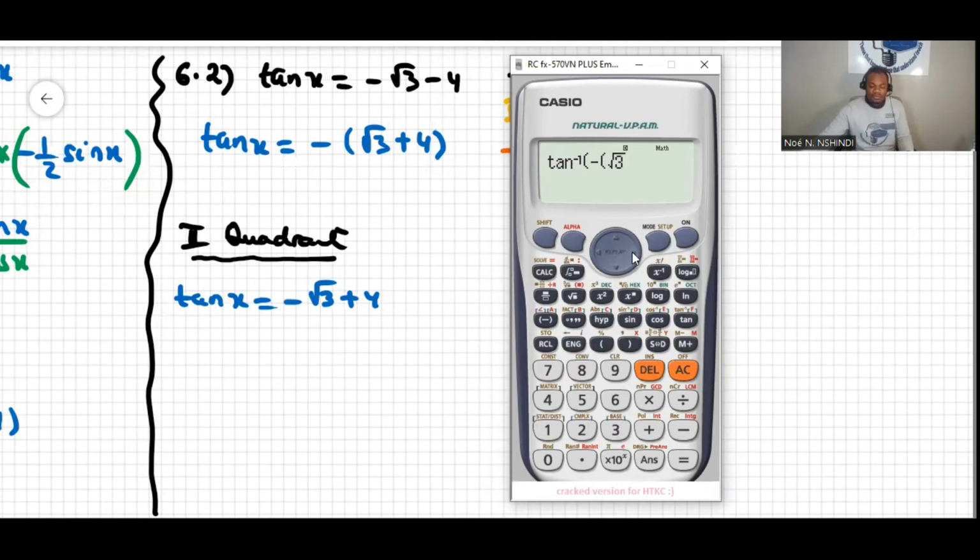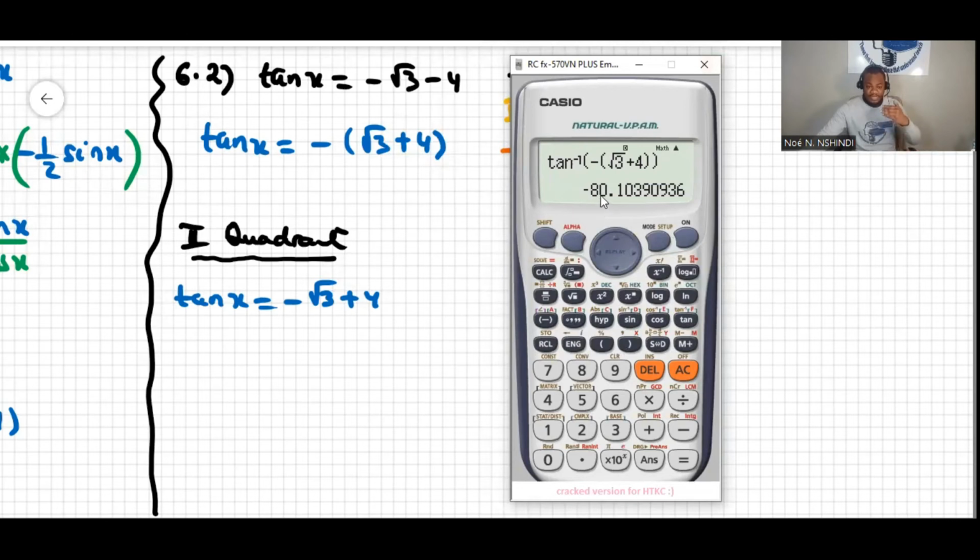I press this arrow button because 4 is not inside the square root, so plus 4, and then close the bracket, and then close another bracket there. Then when we hit equal, we got negative 80.1 degrees, which is negative 80.1. That's the negative angle.